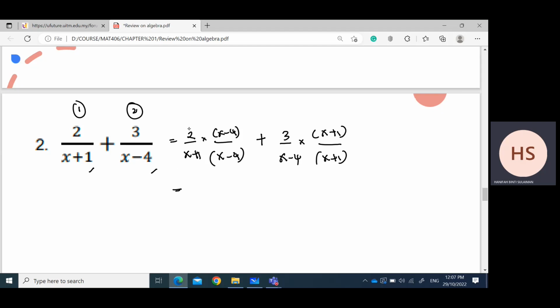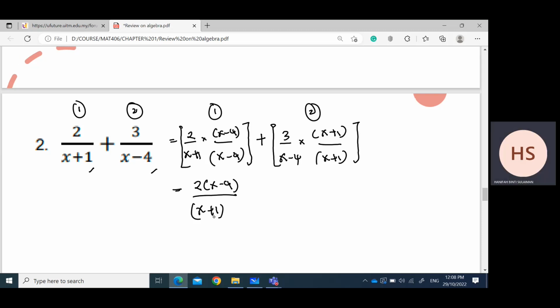For this one, for numerator, untuk part yang pertama ni, atas ni kita darabkan dengan x minus 4. So here we have 2 times x minus 4 over x plus 1 times x minus 4.